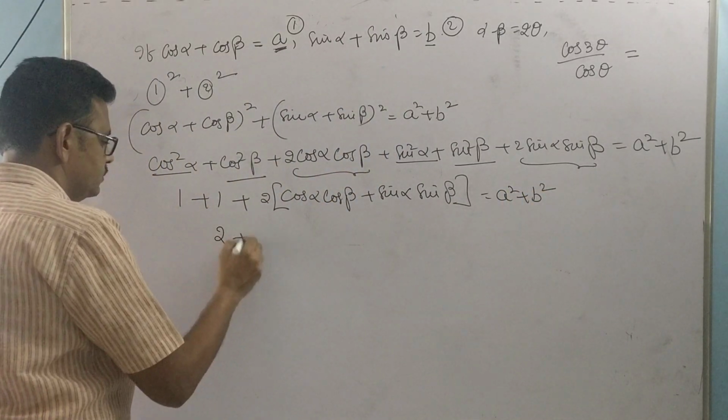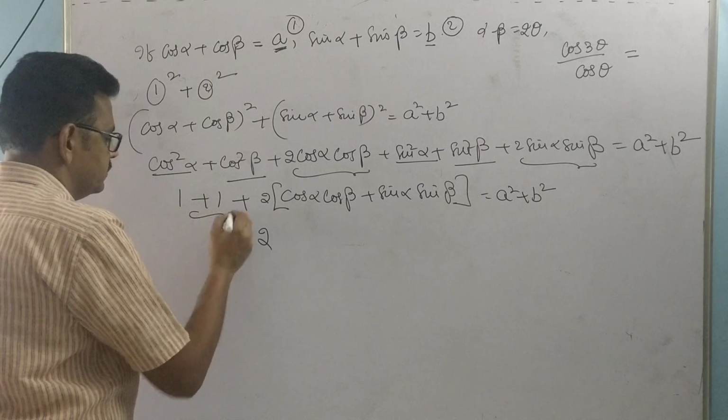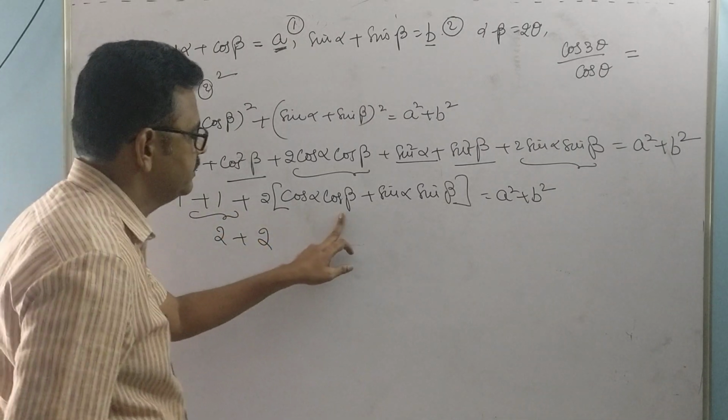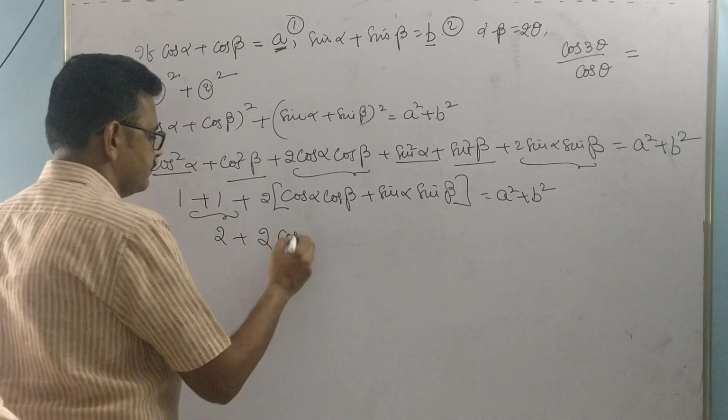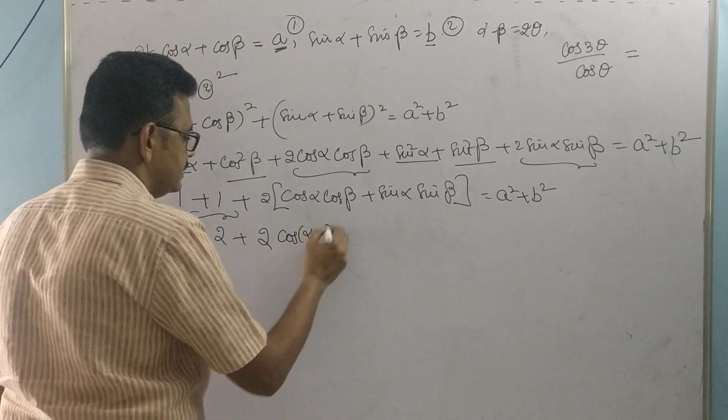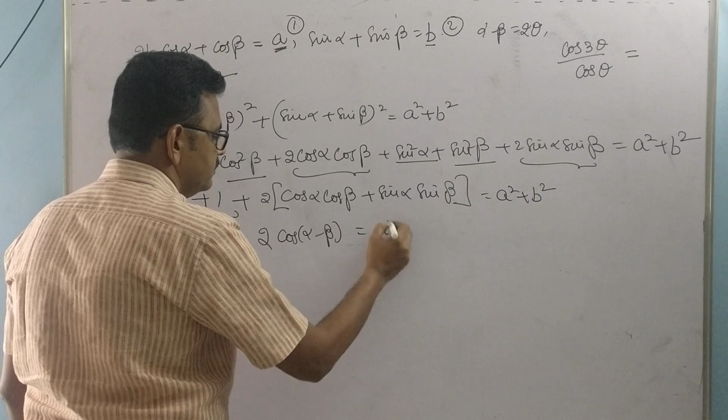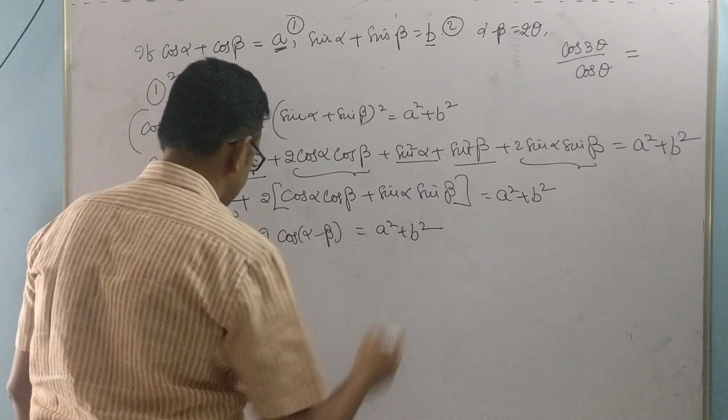So this is 2, since 1 plus 1 is 2. Cos alpha cos beta plus sin alpha sin beta is what? Cos of alpha minus beta is equal to a square plus b square.